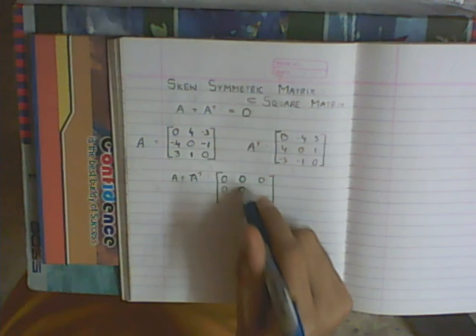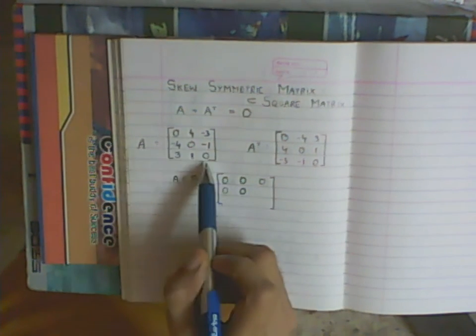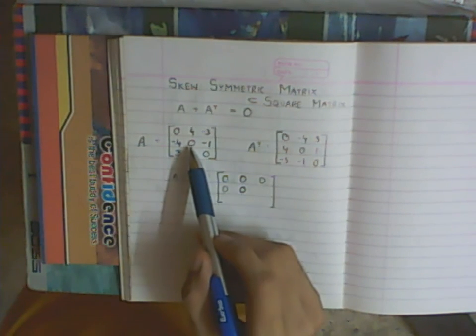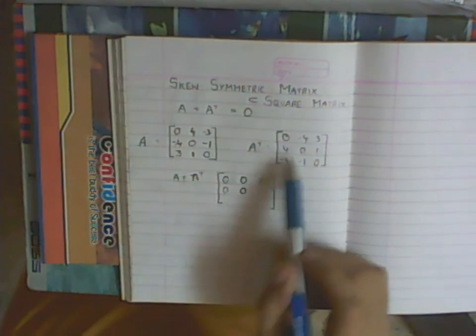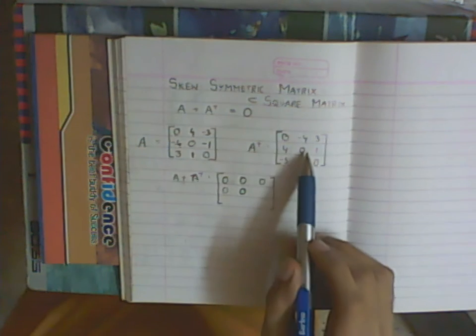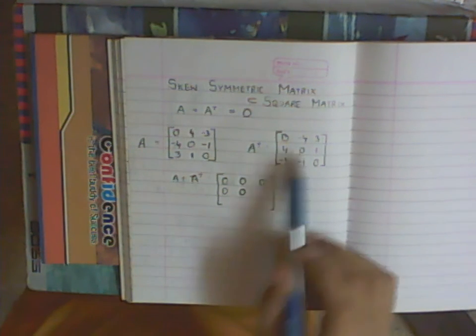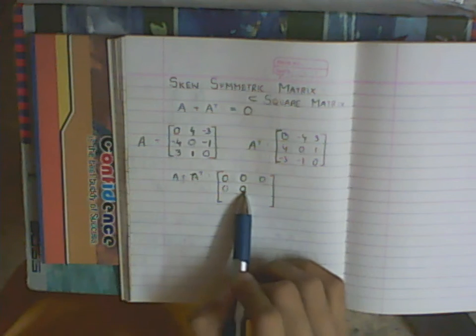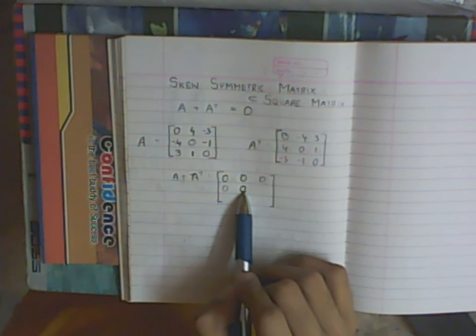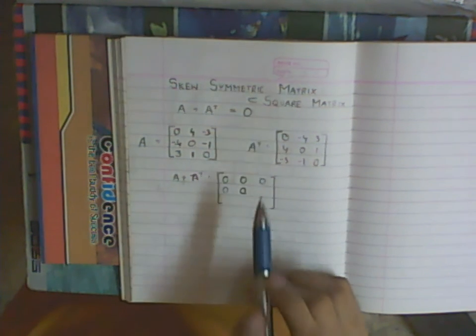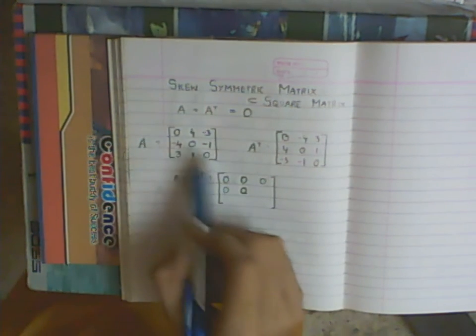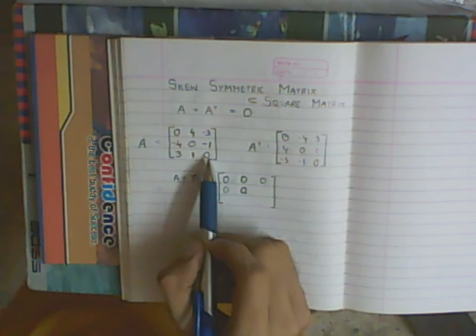This again shows you why the diagonal entries had to be 0, because if a diagonal entry was anything other than 0, then you would be adding that same entry to itself when you take the transpose. And if it was non-zero, you would get a non-zero entry here. So that wouldn't satisfy the condition for the result being a zero matrix. That's why it was necessary for the diagonal entries to be all zeros.